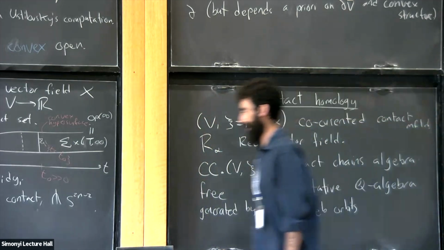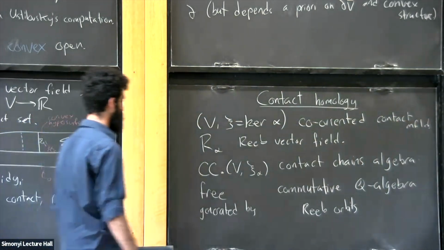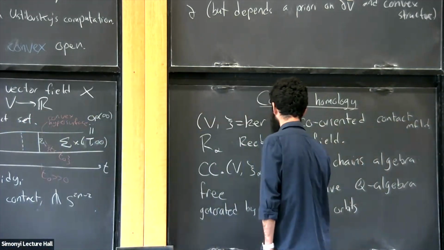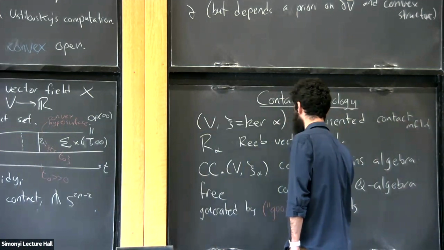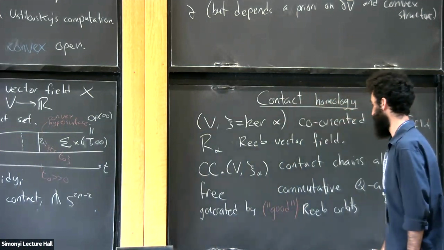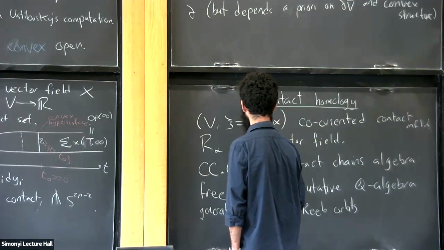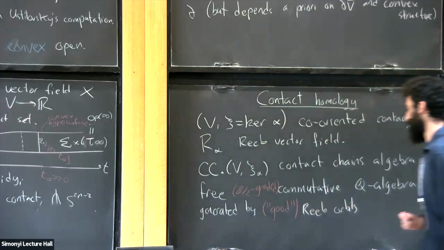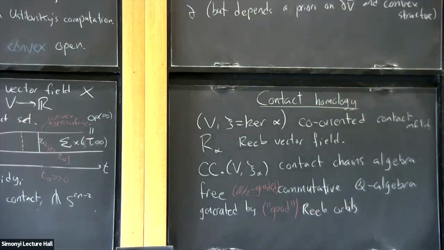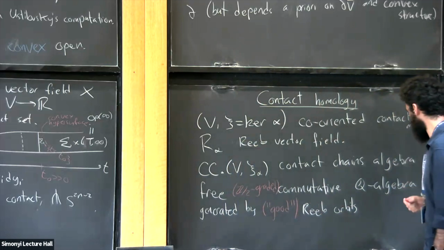One has to make various qualifications. First of all, one needs to throw out certain Reeb orbits, all the bad ones. And then you also need to consider a parity on the good Reeb orbits, which makes the algebra Z mod 2 graded. But I'm not going to say anything more about these things.